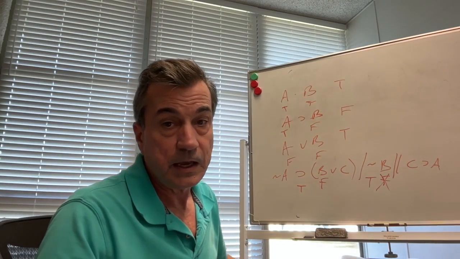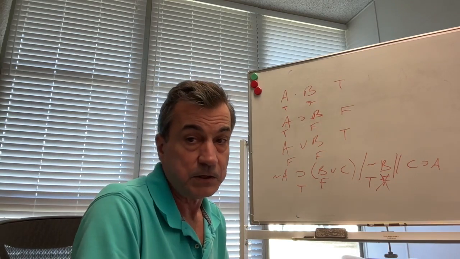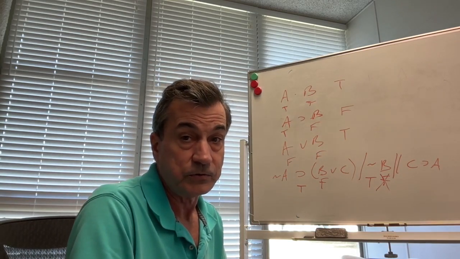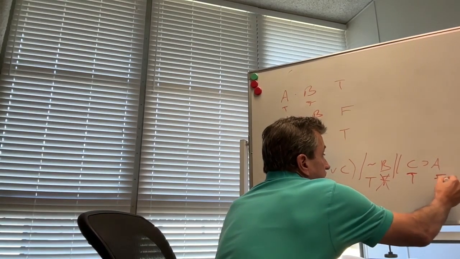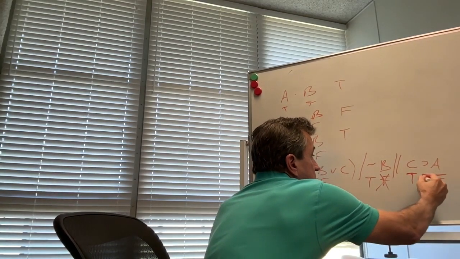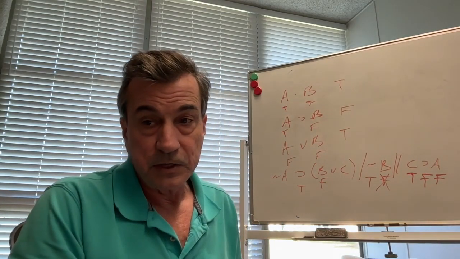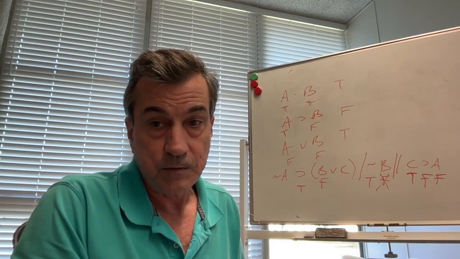If this is going to be an invalid argument, the conclusion needs to be false. And so that means that C has to be true and A has to be false in order to make the implication false.